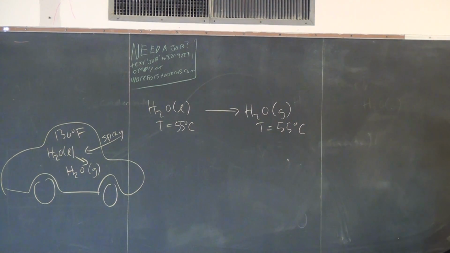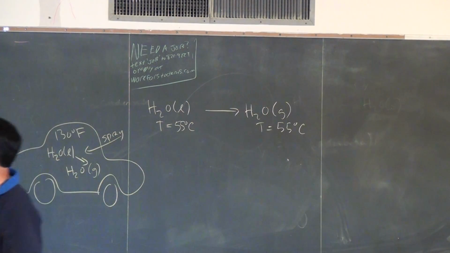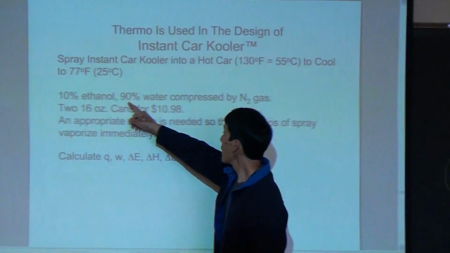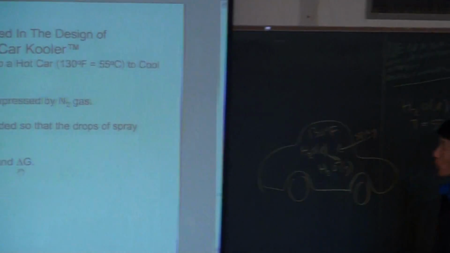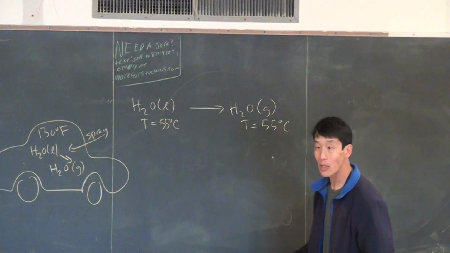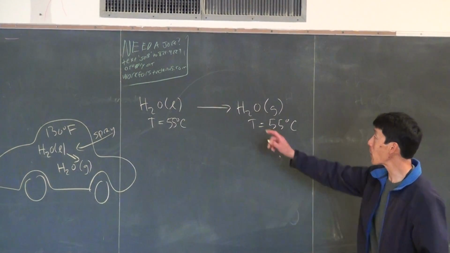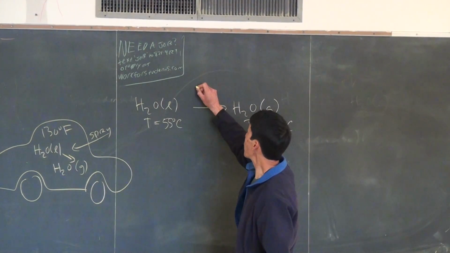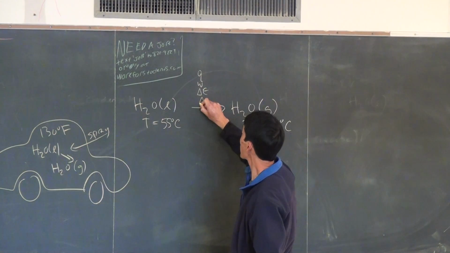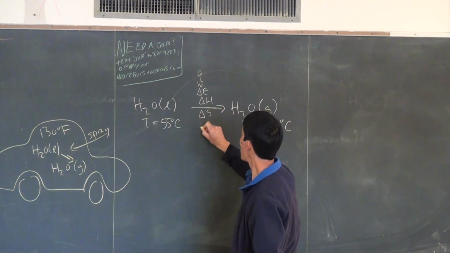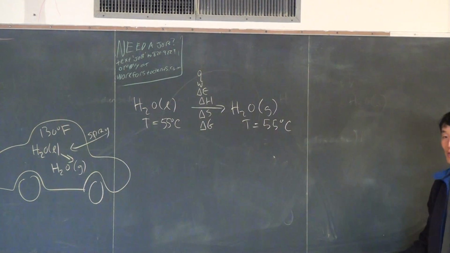So just to make it easier, we're going to assume that the instant car cooler is 100% water rather than 10% alcohol and 90% water. Okay, so what we want to do is figure out Q and W and delta E and delta H and delta S and delta G for this process.